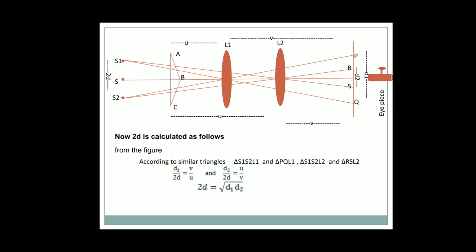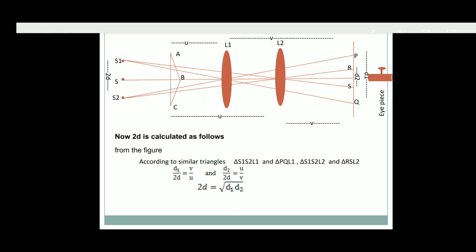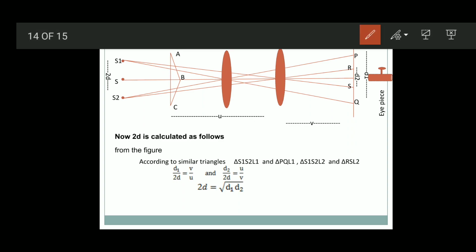If the lens is at point L2, the object distance is v and the image distance is u. In this case, d2 by 2d is equal to u by v. Triangles S1 S2 L1 and PQ L1 are similar, so d1 by 2d is equal to v by u, and triangles S1 S2 L2 and RS L2 are similar, so d2 by 2d is equal to u by v.